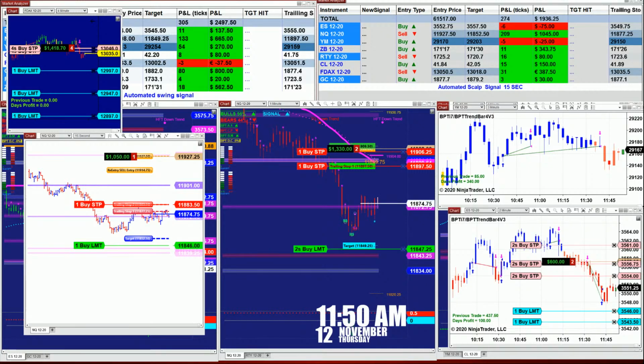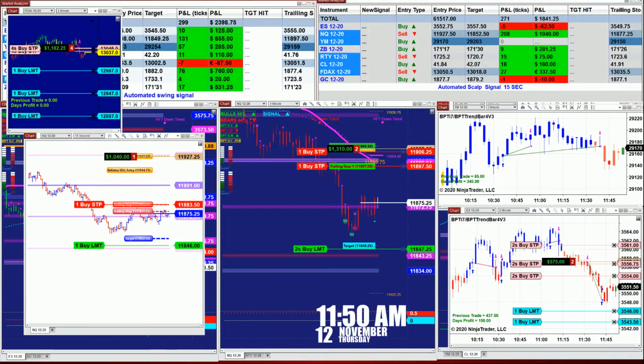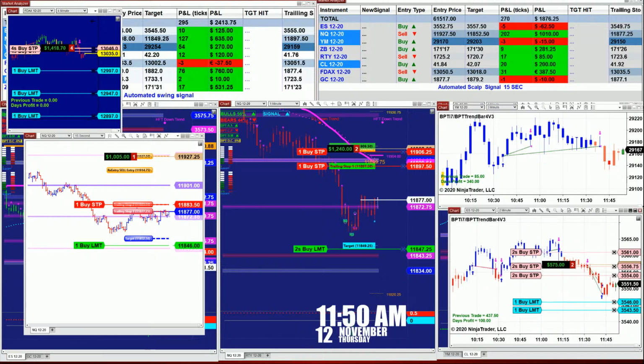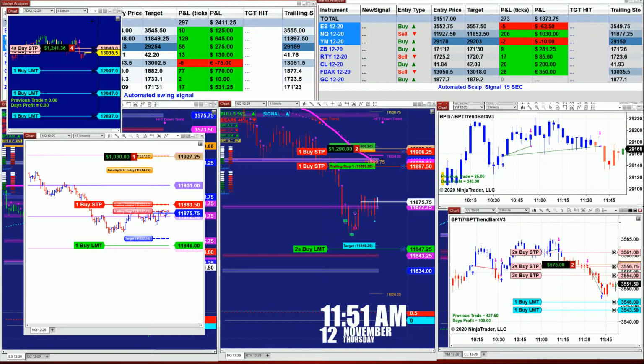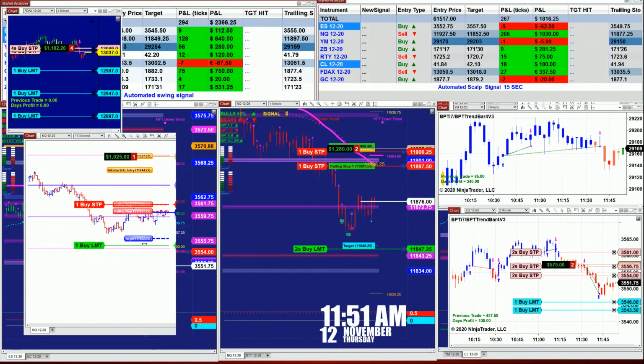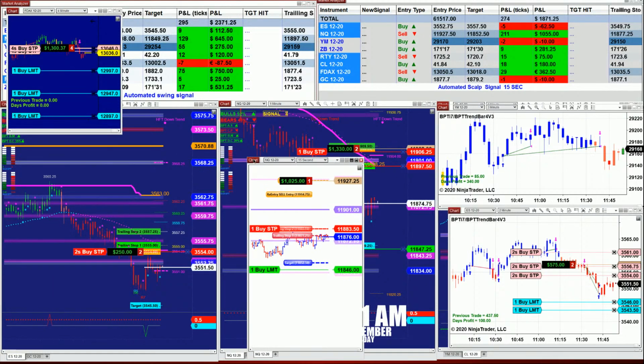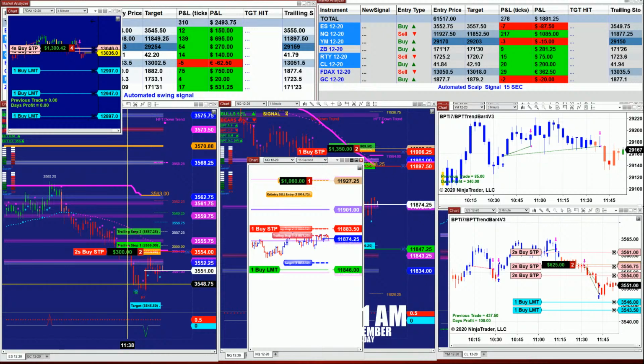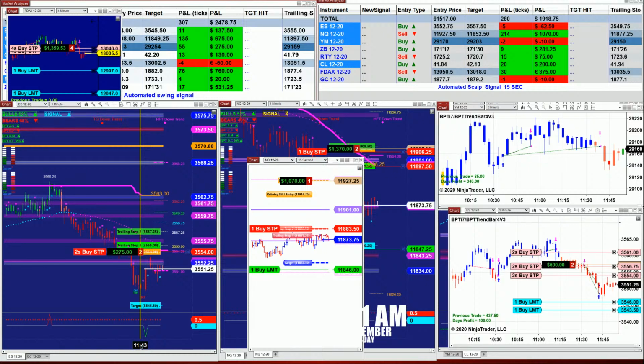So we're going to stay a little bit longer to see if we are going to hit the target on the Nasdaq. For the ES, as you see, it is the same as the Nasdaq.